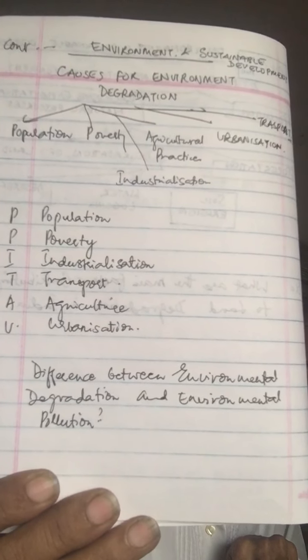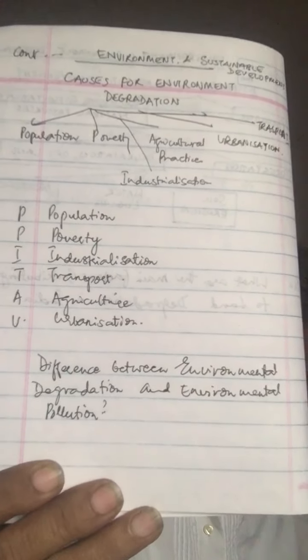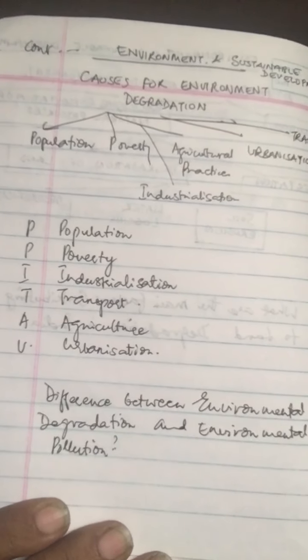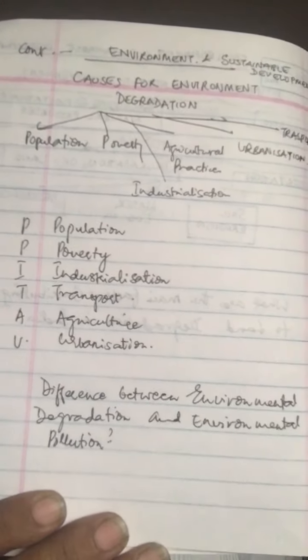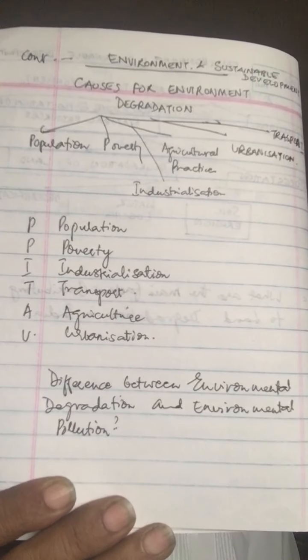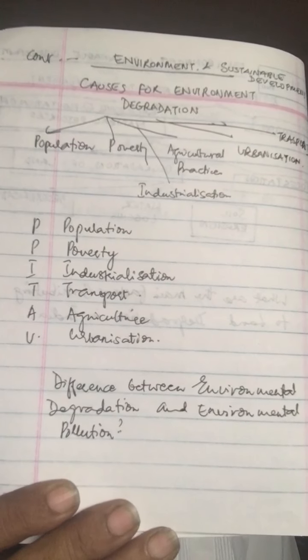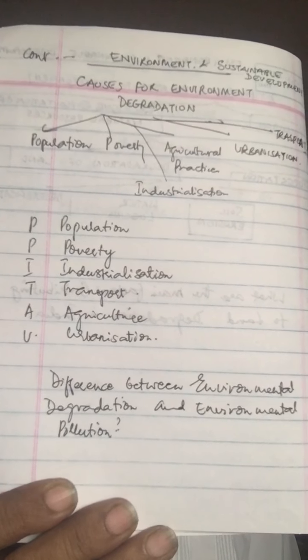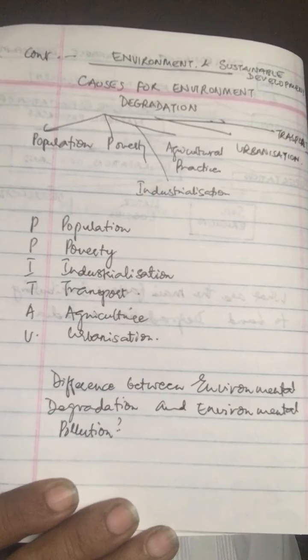Then A, we can talk about agricultural practices. Now what are these? As human population is increasing, more land for agriculture and human settlement is needed. So forest area is being destroyed to increase farm area.